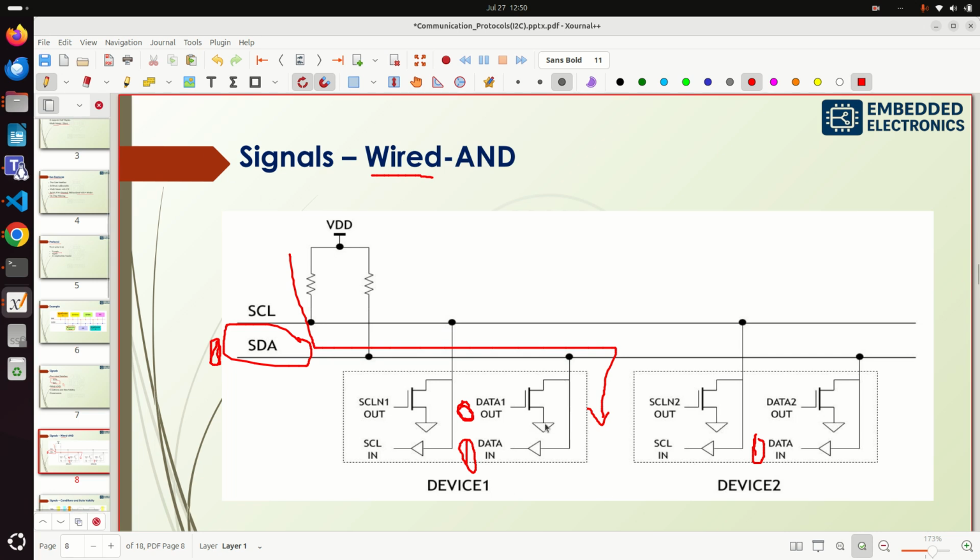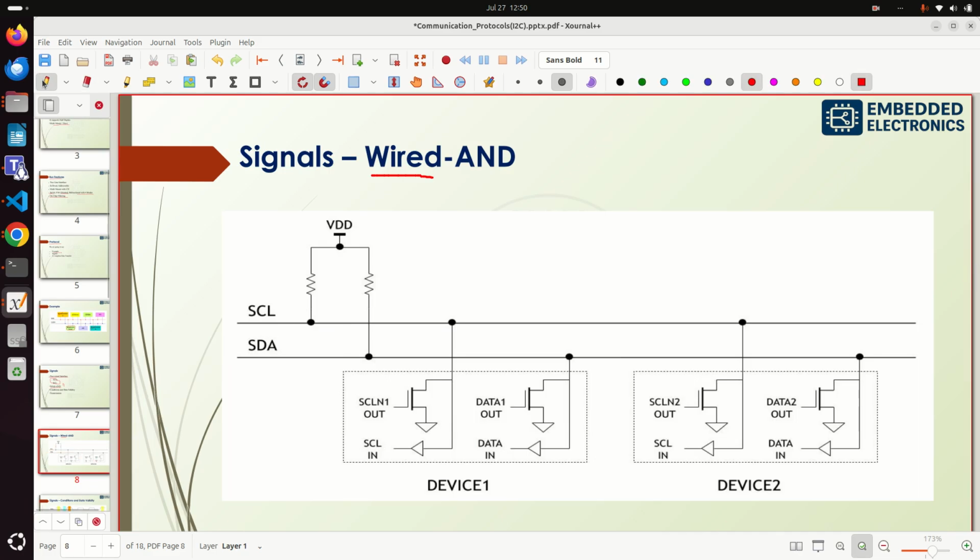We transmitted only here, and that's why all the devices are going to read 0.